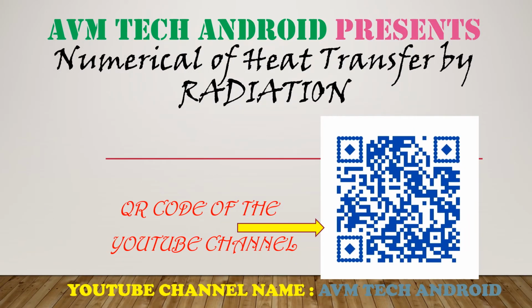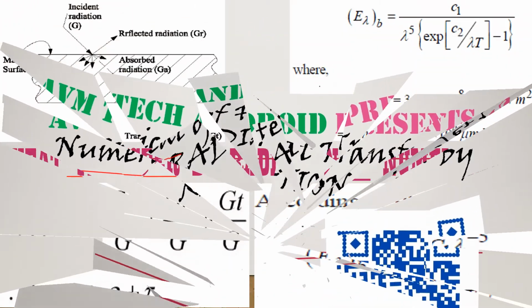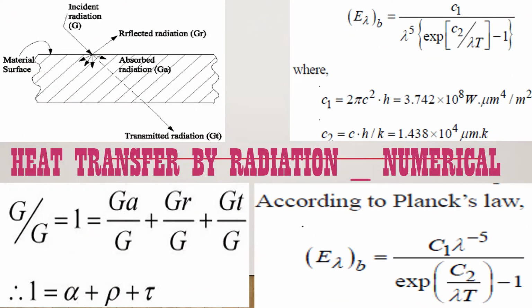So in the present video we are going to discuss numericals related to heat transfer by means of radiation based on governing laws. All these figures which you can see were already discussed in the previous videos. The links are available in the description box. You can refer to that link, and if you wish you can recall the laws mentioned in the previous two videos.